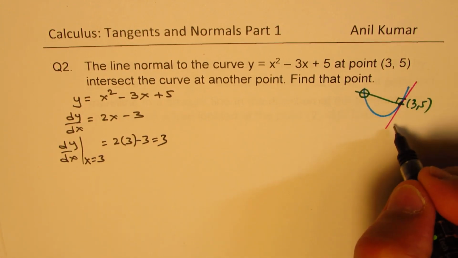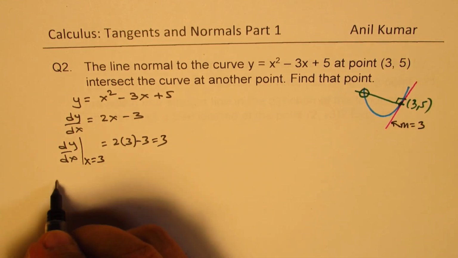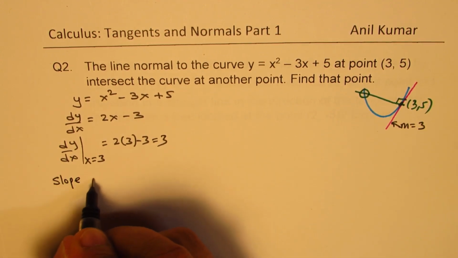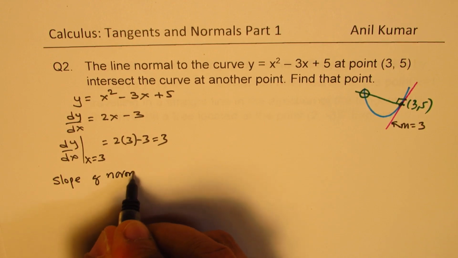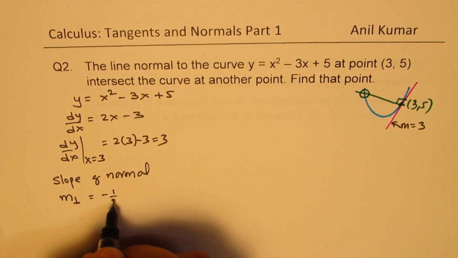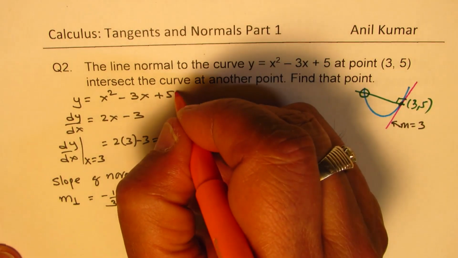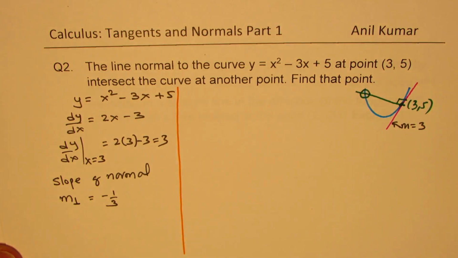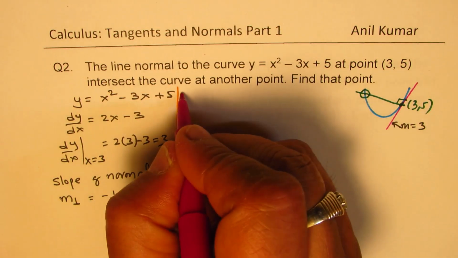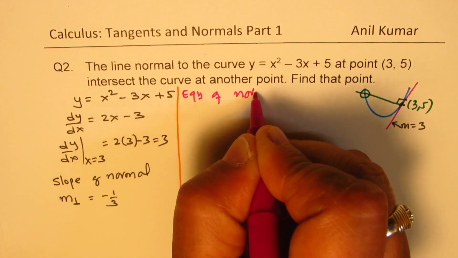So the slope m of this line is 3. So the slope of the normal, m perpendicular, will be -1/3, right? Okay, so now let's find the equation of the normal.